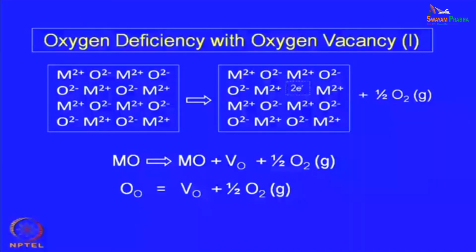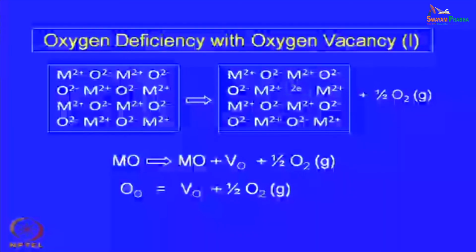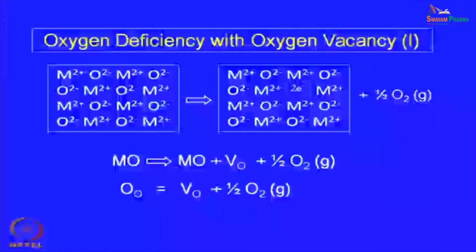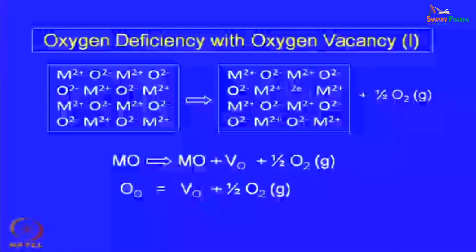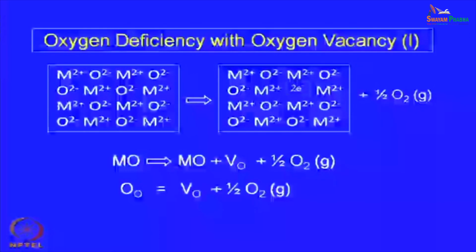When you are talking about non-stoichiometric oxides, there is a strong correlation and equality between the non-stoichiometry and defect concentration. So, all non-stoichiometries are actually the result of creation of some defects.